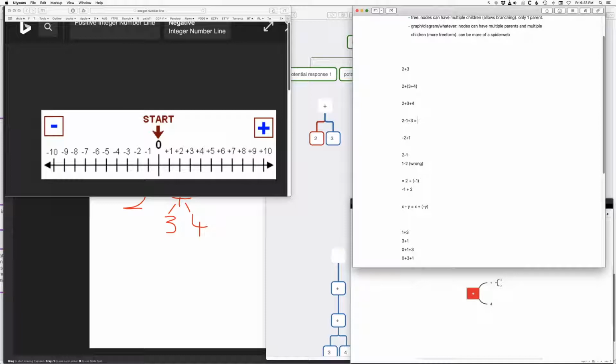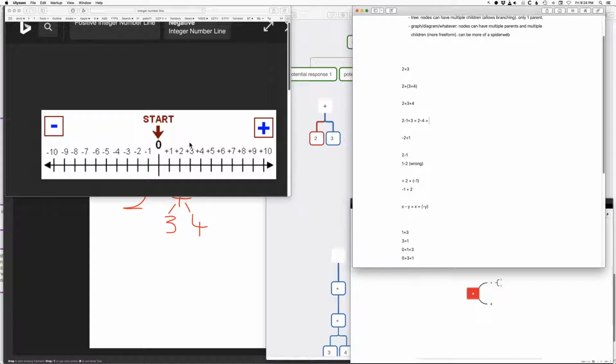So we get this 4, which would equal 2 minus 4. So it's 2 take away 4, so that'd be negative 2.